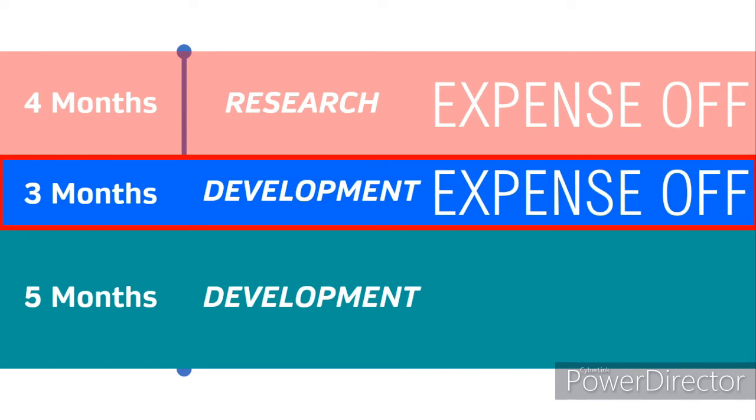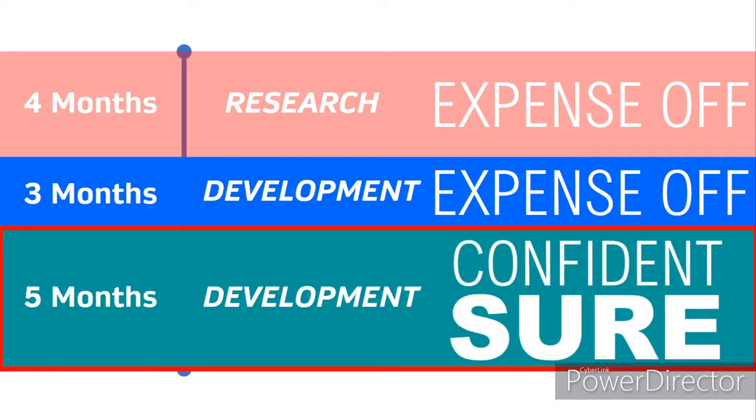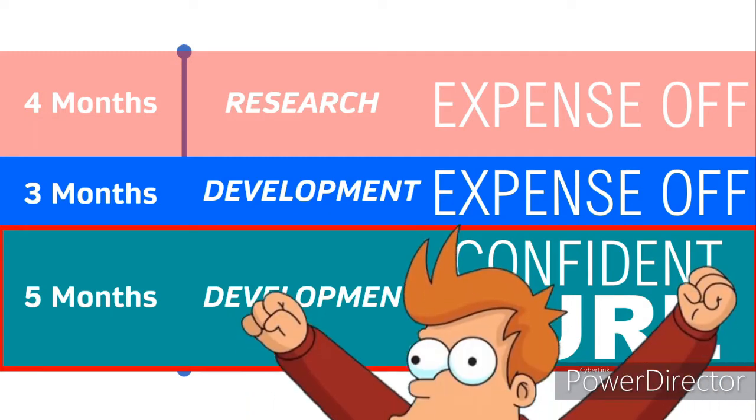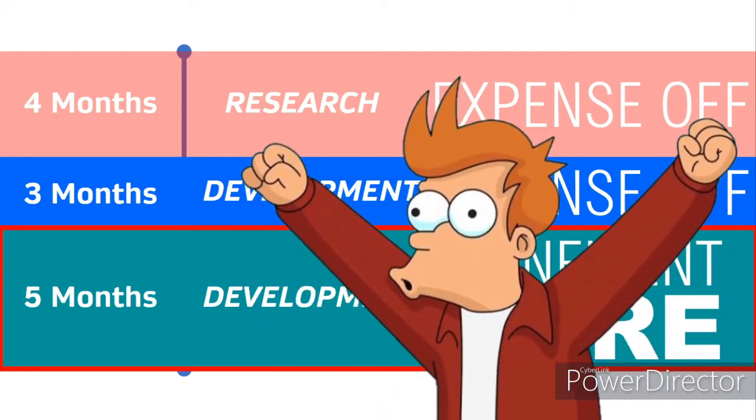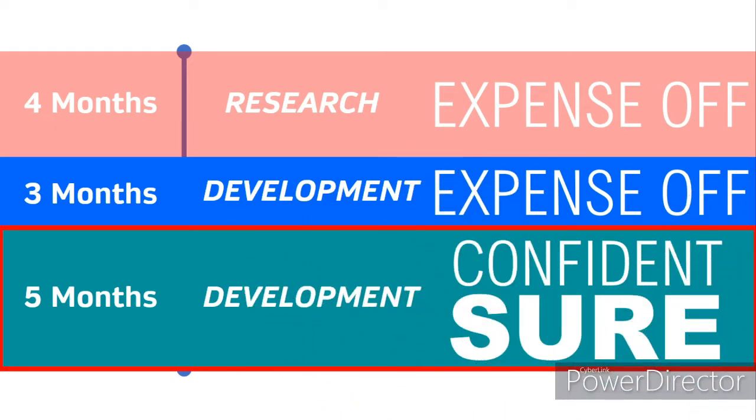Whereas the next 5 months is the period where you are confident and you are sure that you can complete the project. In this phase, you have done enough research, you have developed the product to a certain condition where you are very confident that this project will be completed and we can sell the product.